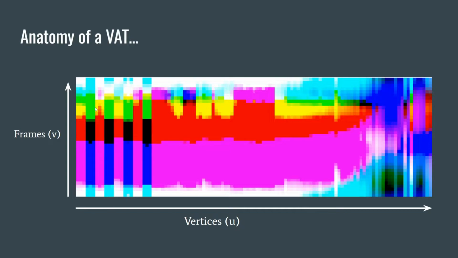Green means positive Y direction, and blue means positive Z direction. And just by filling in the colors of every pixel, we can break an animation down into a texture that represents where each of our vertices should move for every frame. And that's all this is, and that's all that vertex animation is.